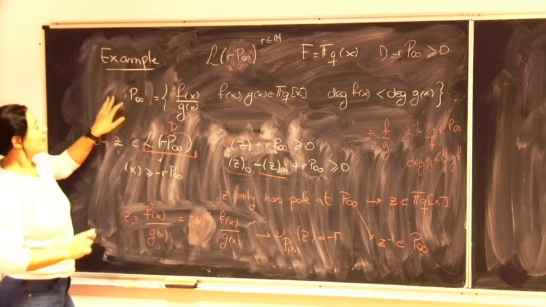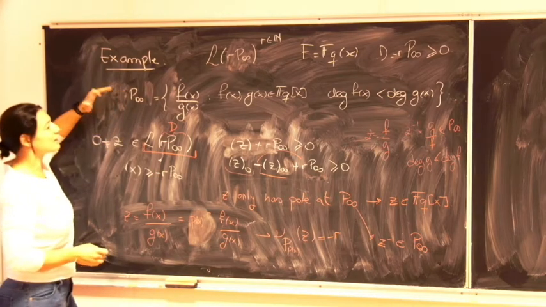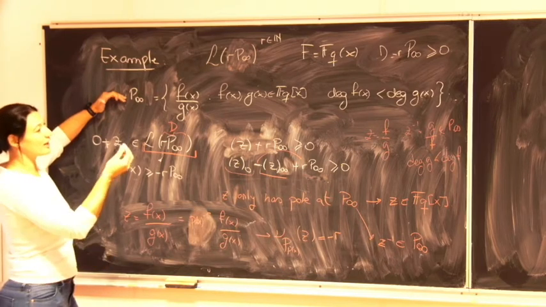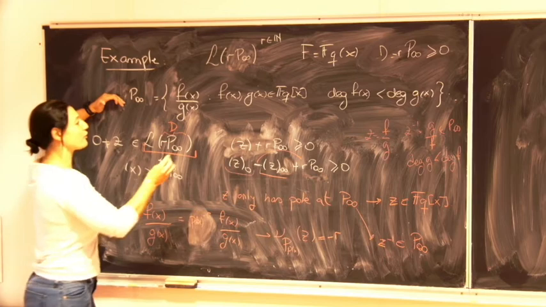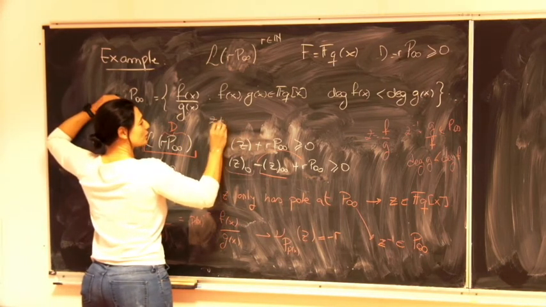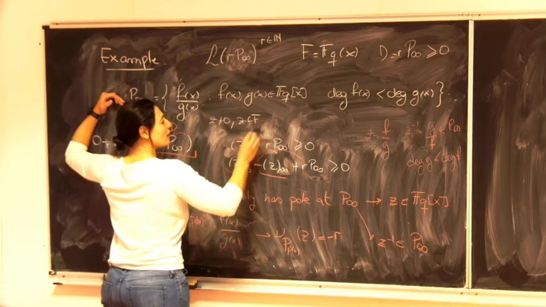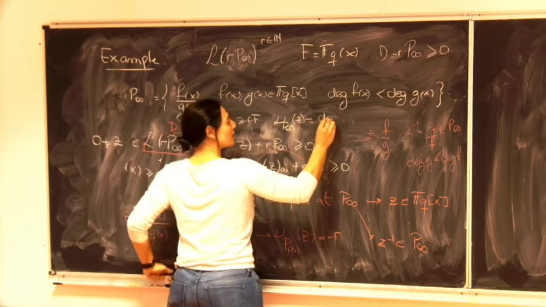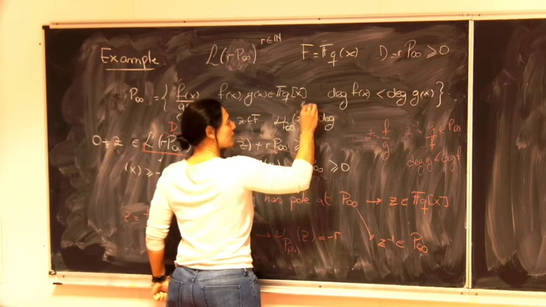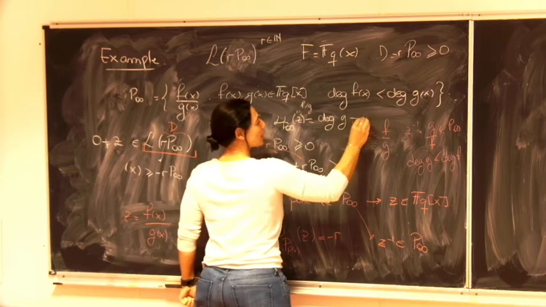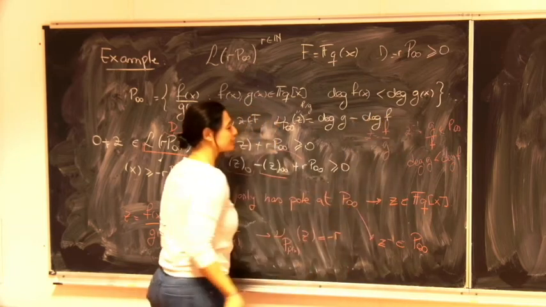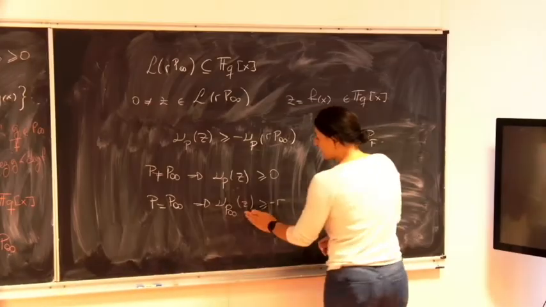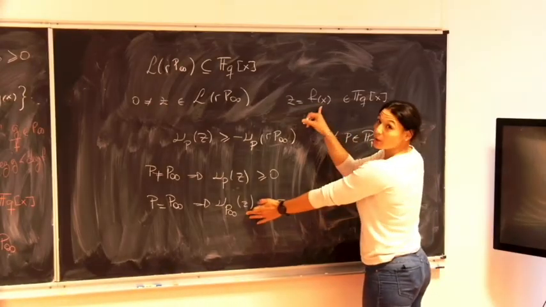Sorry. Recall that if this was P infinity, the valuation associated to this place was the degree of G minus the degree of F. So for any non-zero Z in F, the valuation at P infinity was defined as, if Z was F over G, the degree of G minus the degree of F. And so if I came here, now Z is just a polynomial.